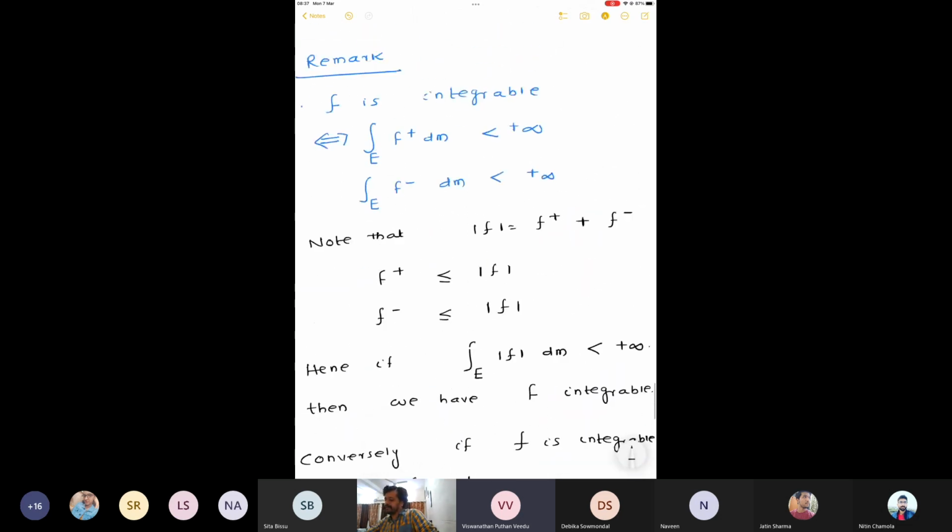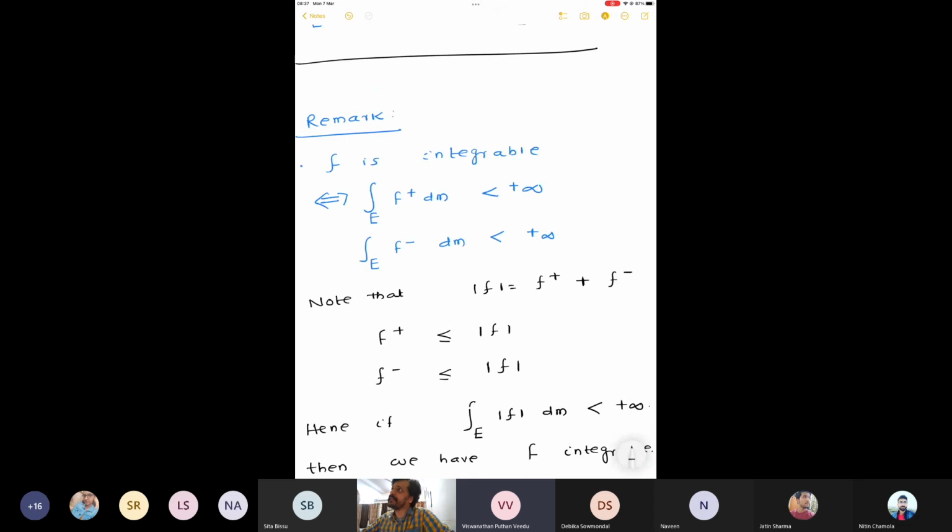In the Riemann sense, integrability is via upper integral, lower integral, etc. In the Lebesgue sense, integrability depends on the context, whether it is non-negative, whether it is a general function, etc. For a non-negative function, integrability just means that the integral value is finite.